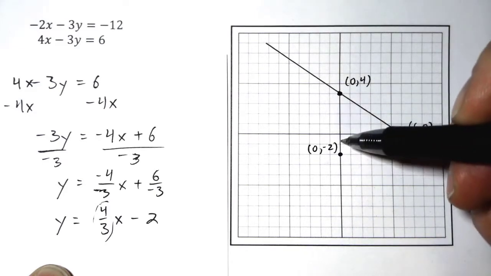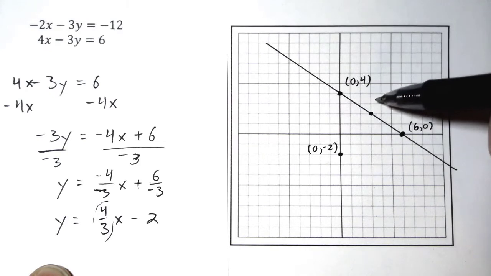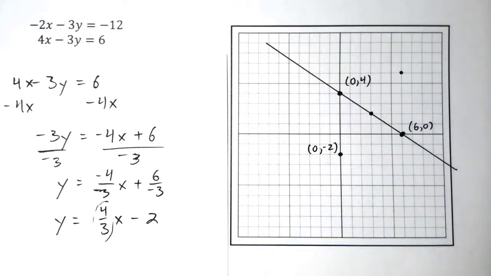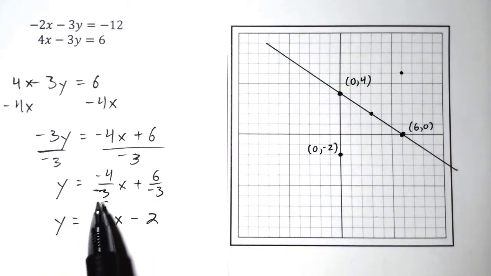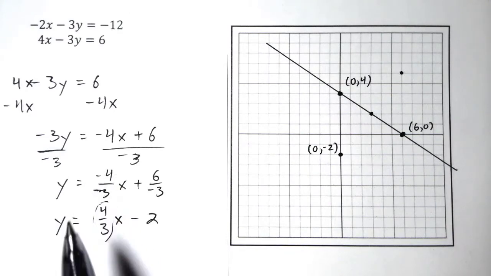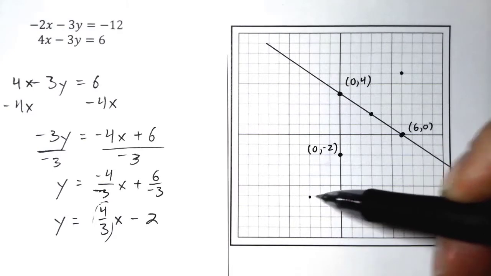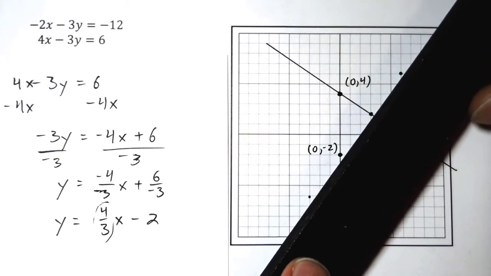So if I go up 1, 2, 3, 4, and over 3, you can see I go here, go again, 1, 2, 3, 4, 1, 2, 3, just like that. I can just keep using that slope to plot more and more points. I can even go -4 over -3, like you saw here, right? That's the same as 4/3. Down 4 and to the left 3, that's a point over here. All right, so drawing a line through those points is the graph of that equation.